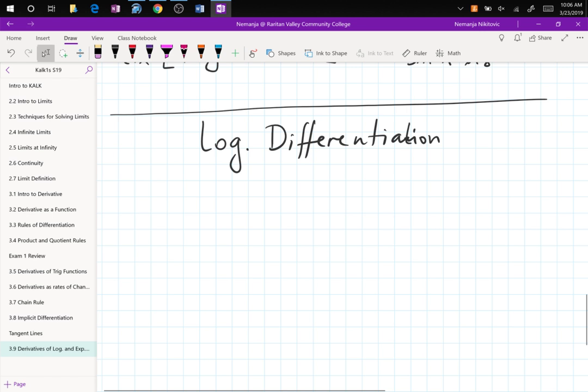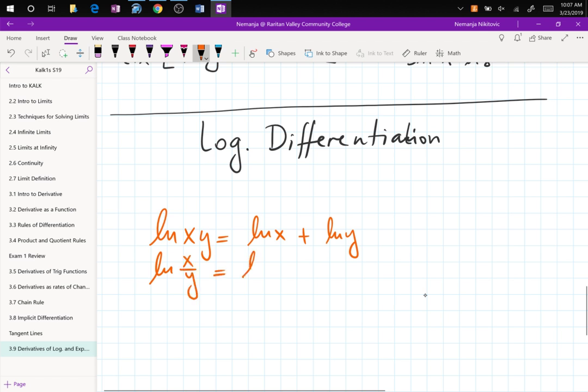Well, first off, we need to review the formulas from pre-calculus which decompose logarithmic functions. You had 3 formulas for sum, difference, and the exponent, and they go like this: ln of x times y is ln x plus ln y. ln of x over y is ln x minus ln y.